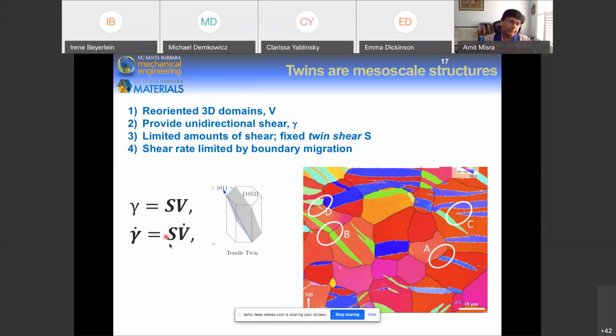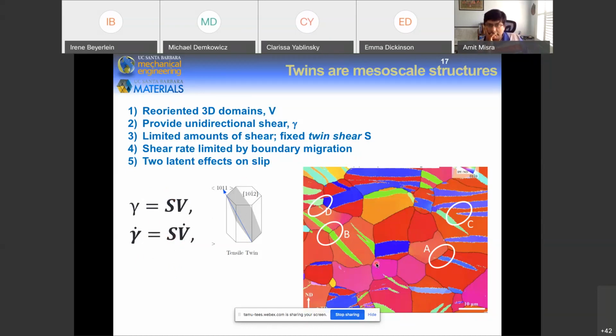Now, one thing you notice is that the twin shear doesn't change with time. The twin shear is fixed. And so that leads to some interesting points: because this twin shear is fixed, you imagine that the most that this twin can accommodate for any grain is for it to completely engulf that grain.